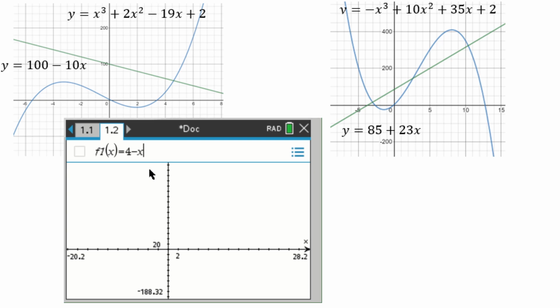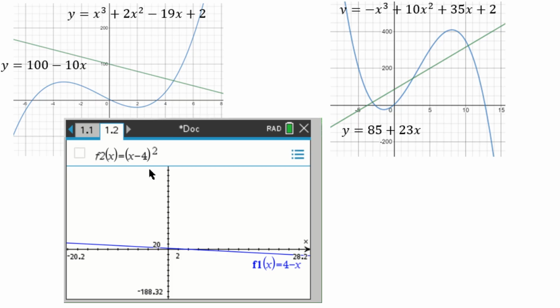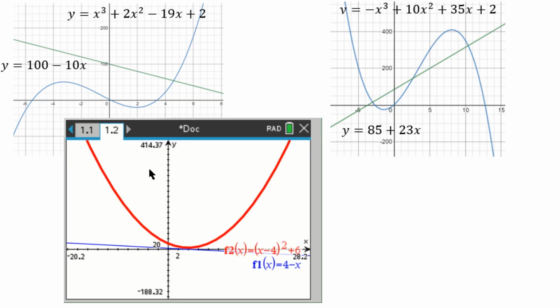So we have y equals 4 minus x, and also y equals (x minus 4) squared plus 6. If we have a look closely here, the two graphs actually don't intersect, and because they don't intersect, you have no solution. Because the only way you can have solutions is if the two graphs have intersection points.